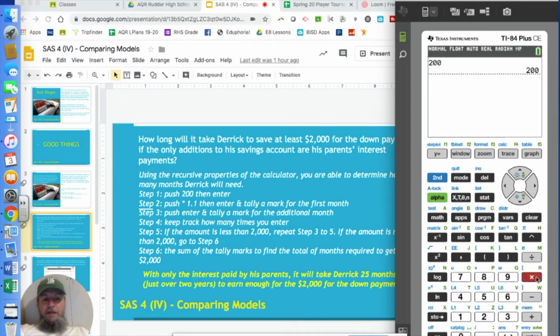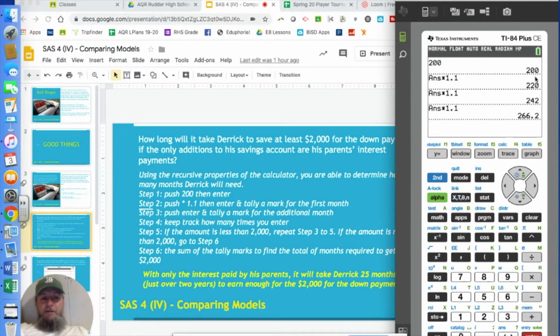Notice it uses whatever the last answer is, 200, and we're going to multiply it by 1.1 and hit enter. Now, 200 times 1.1 is 220. If I hit enter again, it does the same exact function, except it uses the last answer.